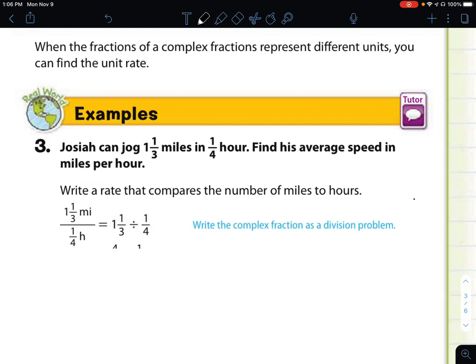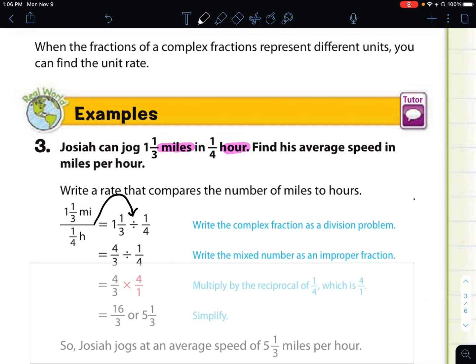Again, we are dividing the distance by the time, and that's exactly what we're doing here. Distance divided by the time. So if we take our main fraction bar and convert it into a division, this becomes 1 1/3 divided by 1/4.